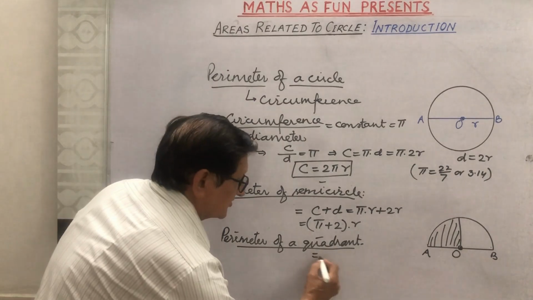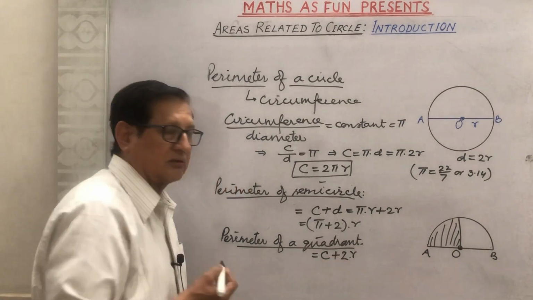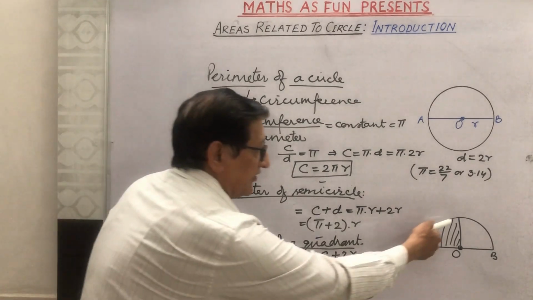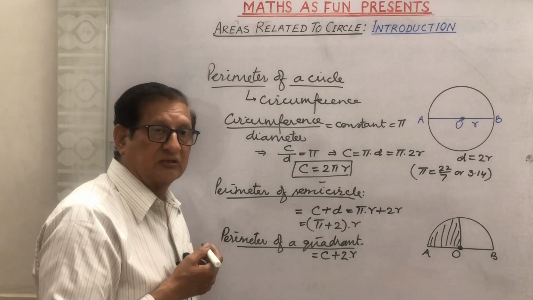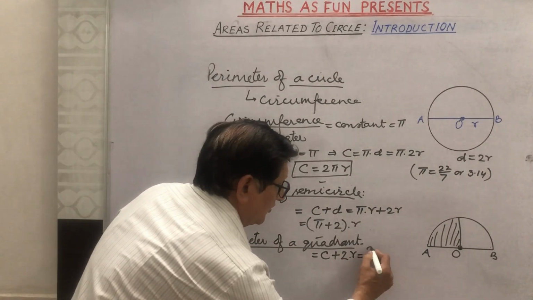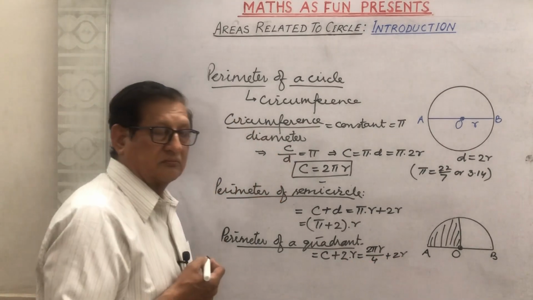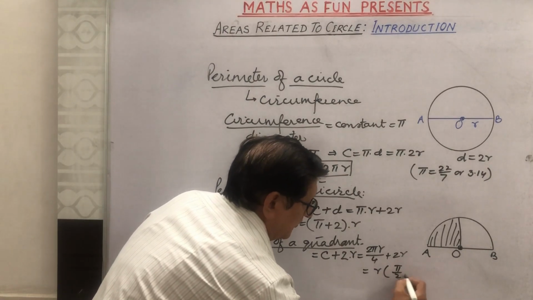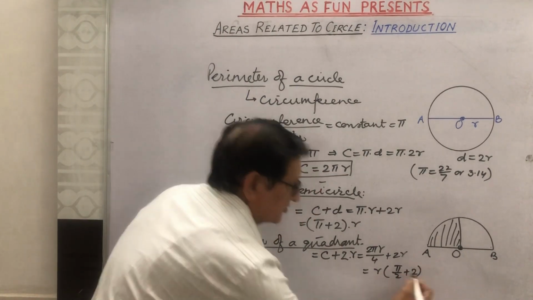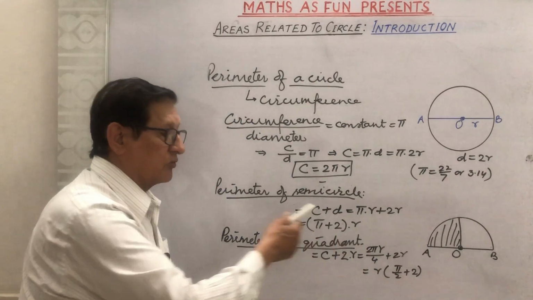So we can say this is equal to circumference plus 2 into r, that is 2 radii. And the circumference of a quadrant is 1/4 of the circumference of a circle. Will it be equal to 2 pi r upon 4 plus 2r? If we take r common, will it be pi by 2 plus 2 into r? So this is the perimeter of a quadrant.